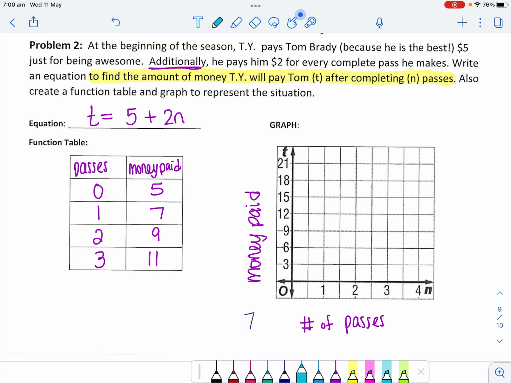Remember, this is the X axis. This is the Y axis for my table. So when I'm plotting points, even though it says N and T, I'm still doing X first and then Y. So left and right first, then up and down. So 0, 5, and this one is not marked perfectly, so I'm going to have to kind of estimate a little bit. 1, 7, 2, 9, and then 3, 11.